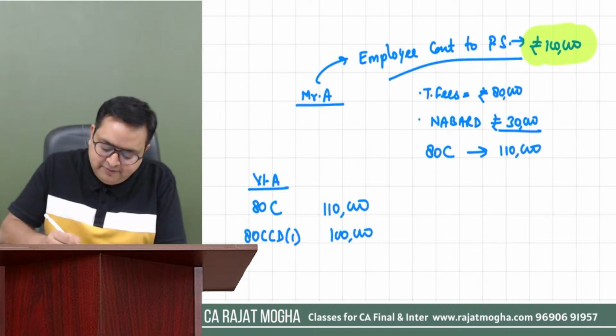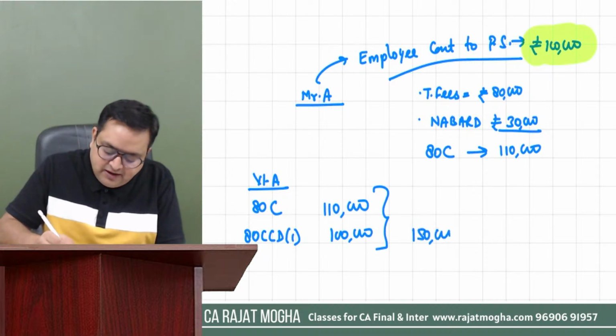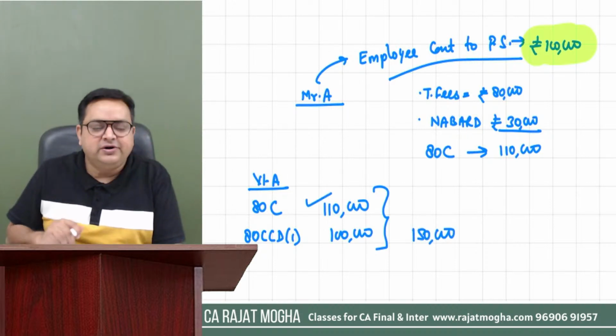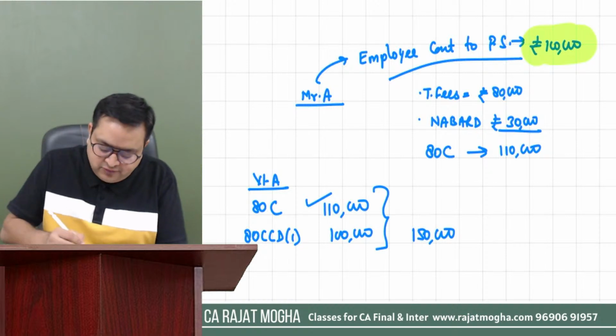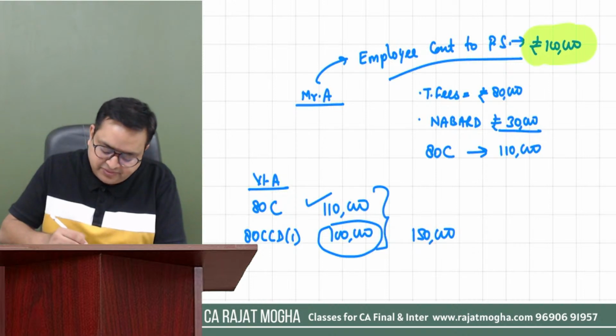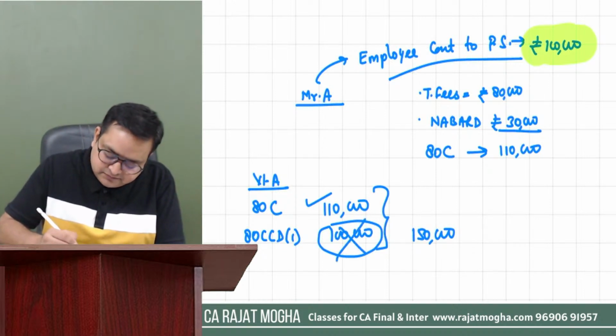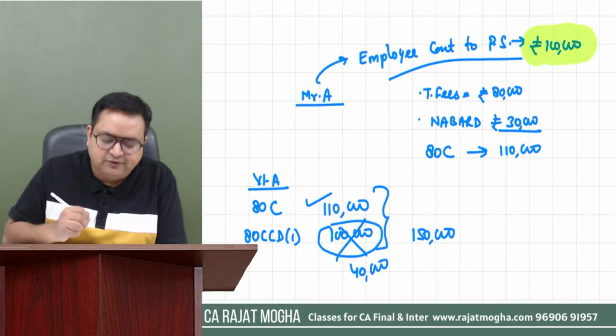The answer is no, because the total deduction which we can claim is 1,50,000. In 80C you are already claiming 1,10,000. So here you cannot claim 1 lakh deduction. How much can you claim? The maximum is 1,50,000, so in 80CCD1 the maximum you can claim is 40,000.